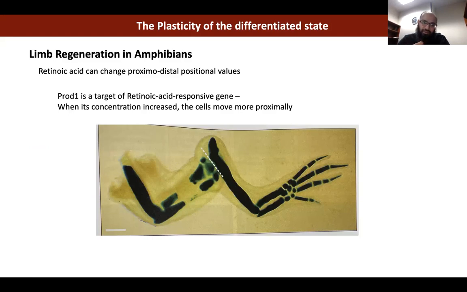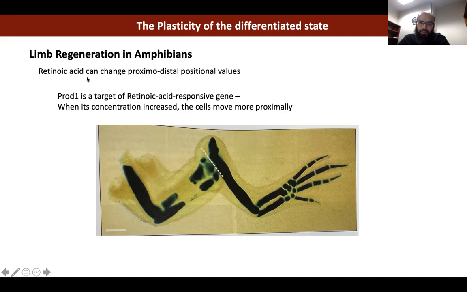The retinoic acid is a related compound to vitamin A, and it is also a nuclear receptor, and it binds to the genes directly and increases or decreases their expression. So it's kind of a transcription factor.